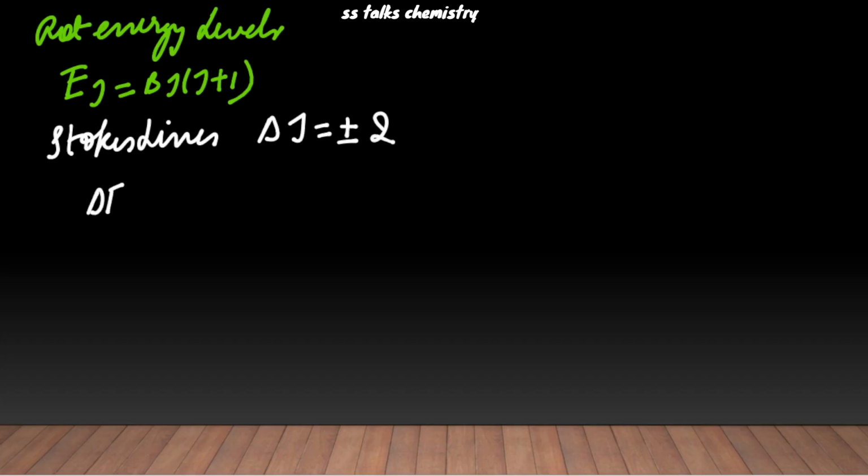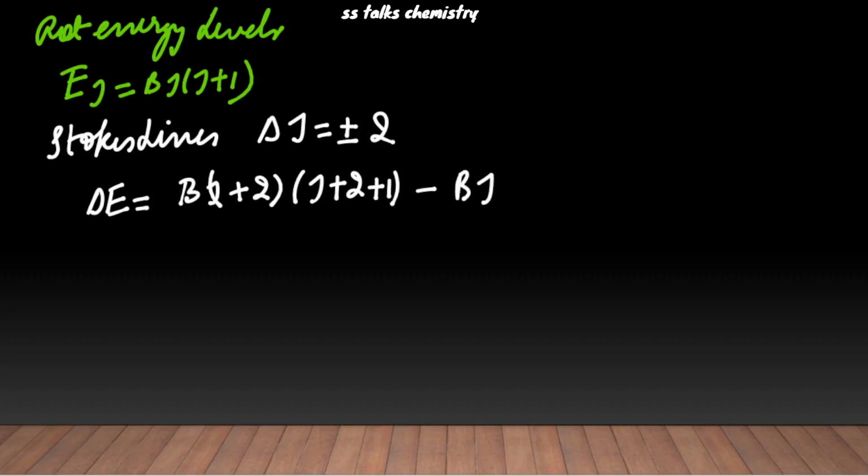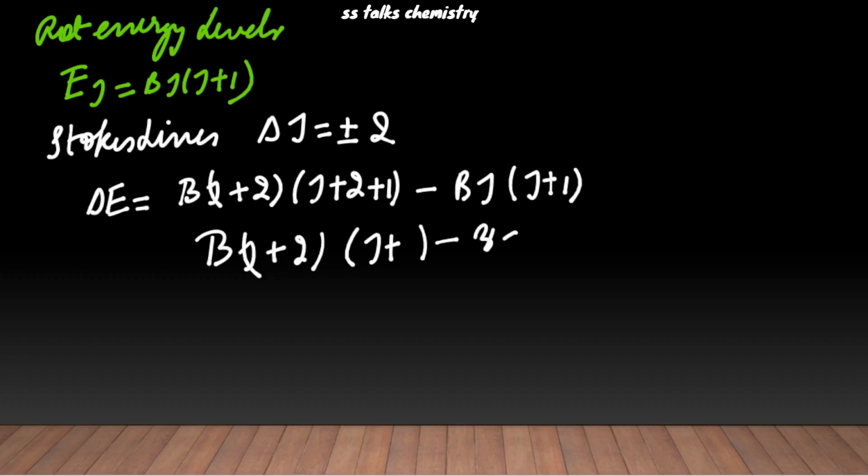That means the delta E gap that you obtain is B(J+2)(J+2+1) minus BJ(J+1). Right, this is the gap between the J level and the J plus 2 level. So it will become B(J+2)(J+3) minus BJ(J+1), right?